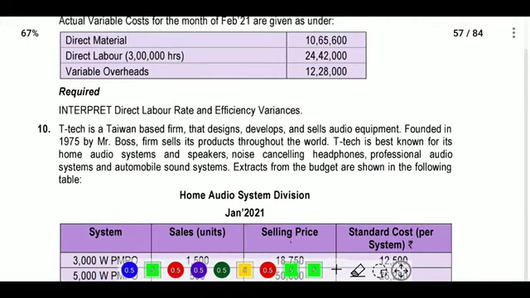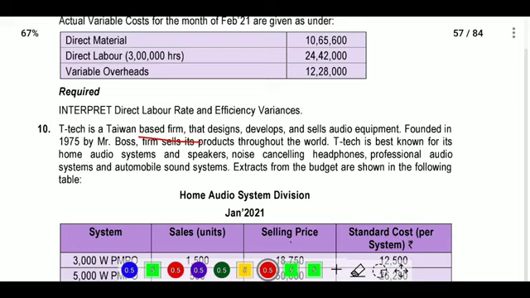So first, what did we provide? T-Tech is a Taiwan based firm. It designs, develops and sells audio equipment. What it is doing is designing, selling and providing throughout the world.